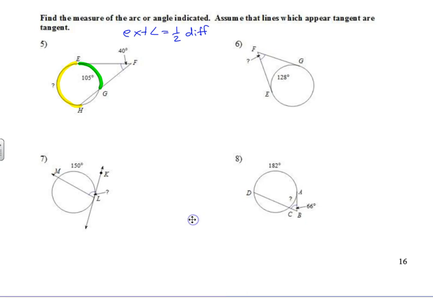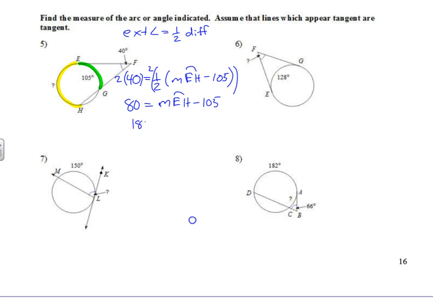So we've got our exterior angle, 40 is going to equal 1/2 of the measure of arc EH minus 105. So again, you multiply both sides by 2. 80 equals the measure of EH minus 105. Add 105 to the other side. 185 would equal the measure of EH.